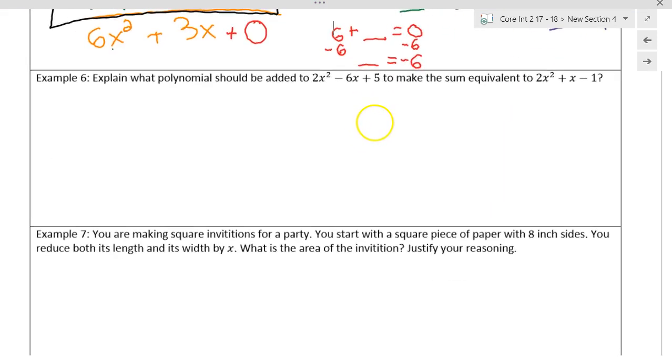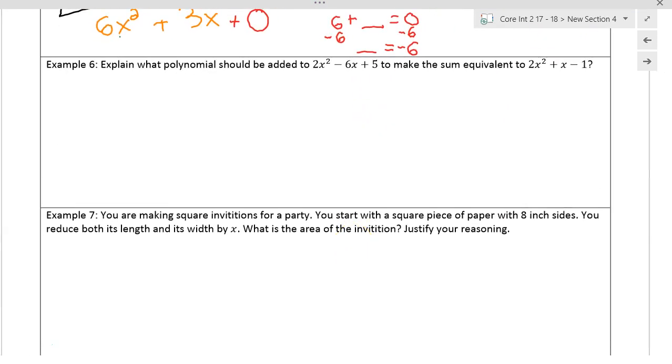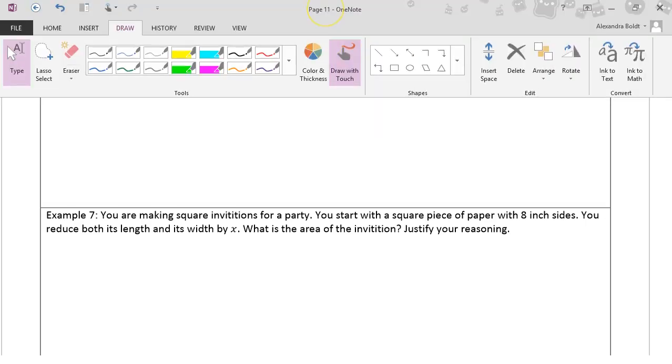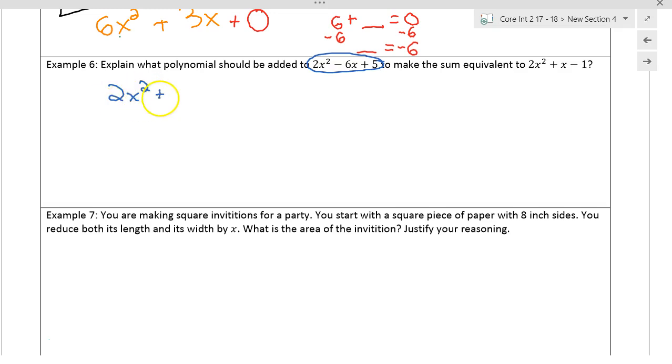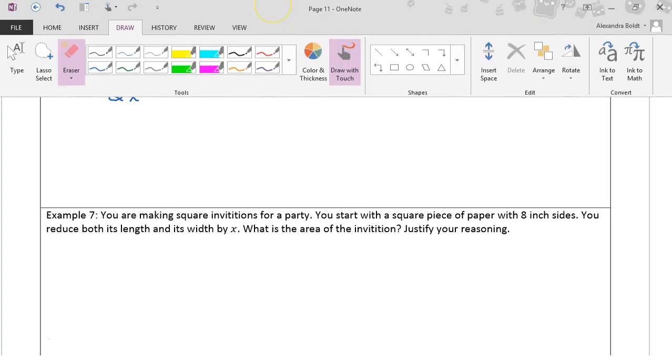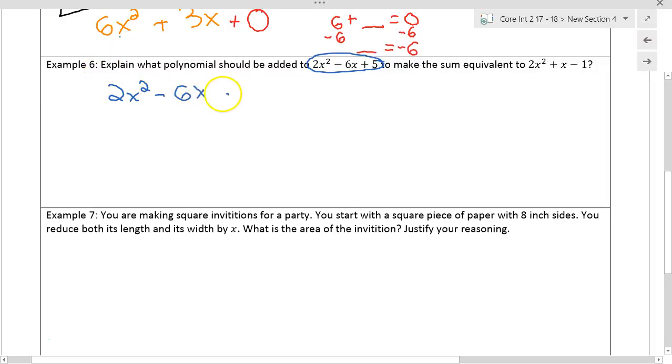Let's look at example 6. Explain what polynomial should be added to 2x squared minus 6x plus 5 to make the sum equivalent to 2x squared plus x minus 1. So again, this is my first polynomial, 2x squared minus 6x plus 5.